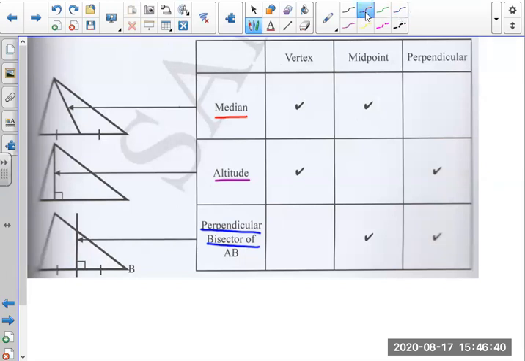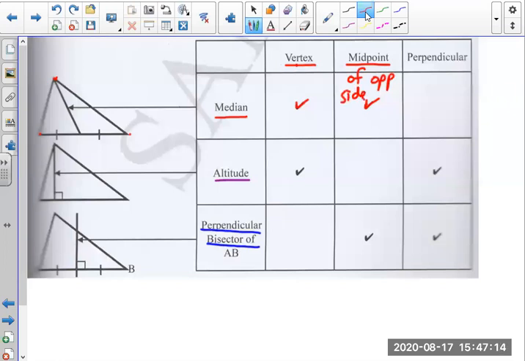Median, if they ask you find the equation of the median, they will ask you from a vertex. Now, you know what a vertex is. A vertex is just one of the points. There's a vertex, there's a vertex, there's a vertex. So median is a line from a vertex to the midpoint of the opposite side.